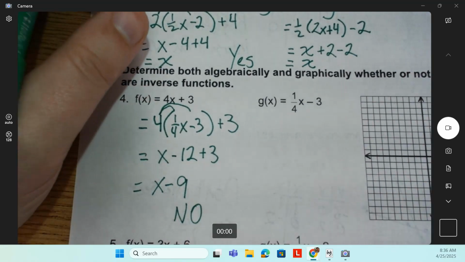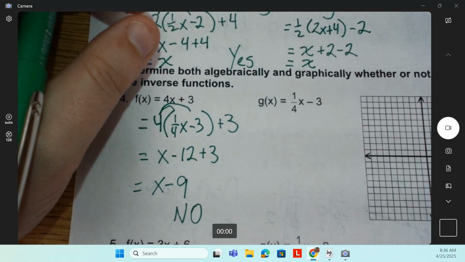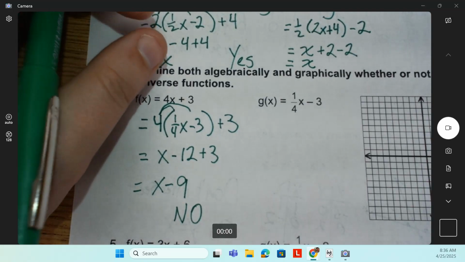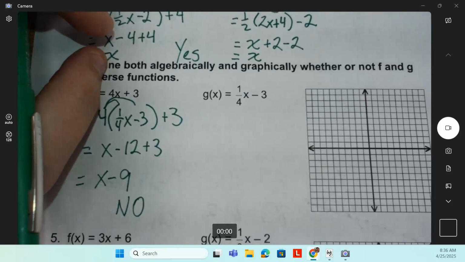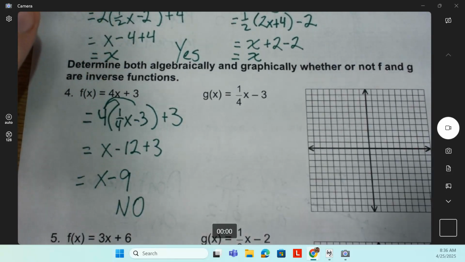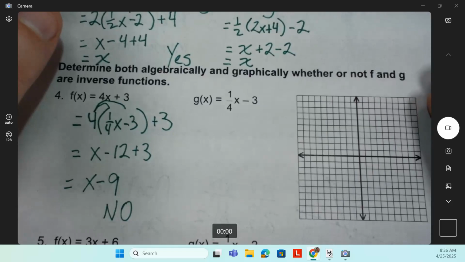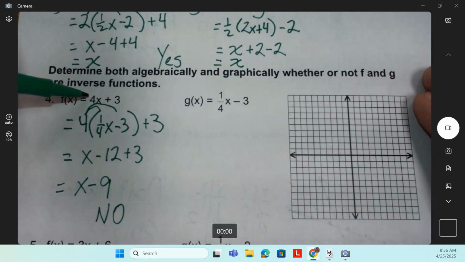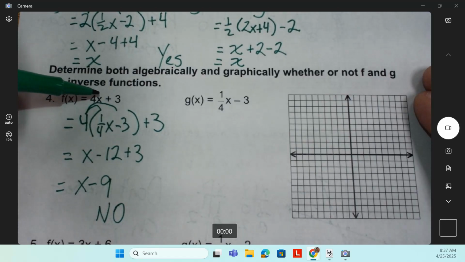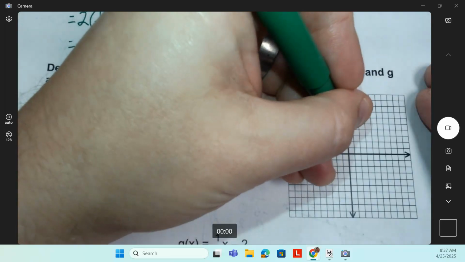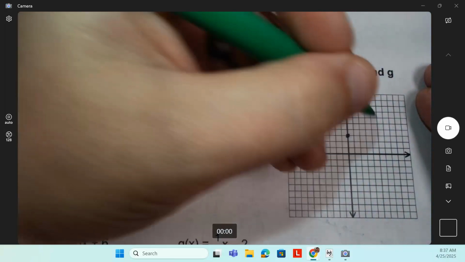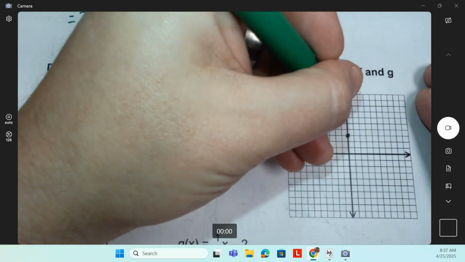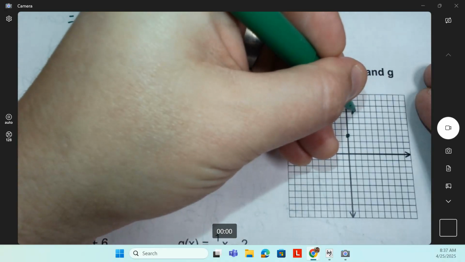It also wants us to graph it though so that we can see it visually, just helping us visualize these inverses so that we can use it a little better on down the road. So graphing these, 4x plus 3, I've got a y-intercept of plus 3 and a slope of 4. So up 1, 2, 3, 4 over 1.